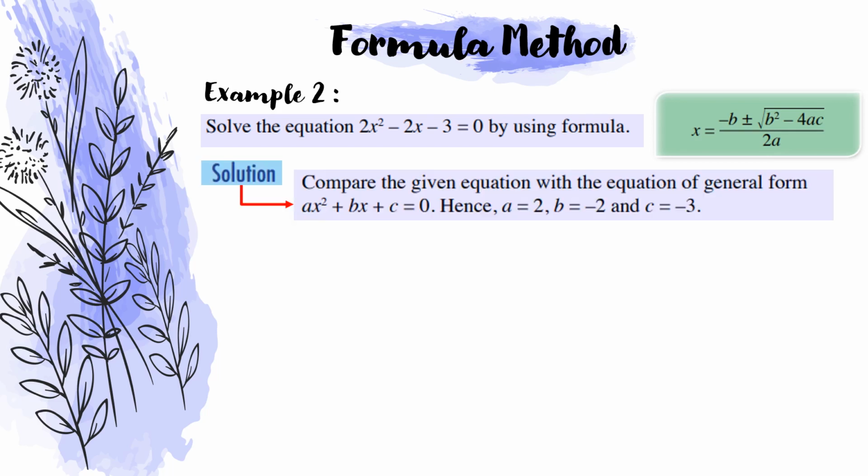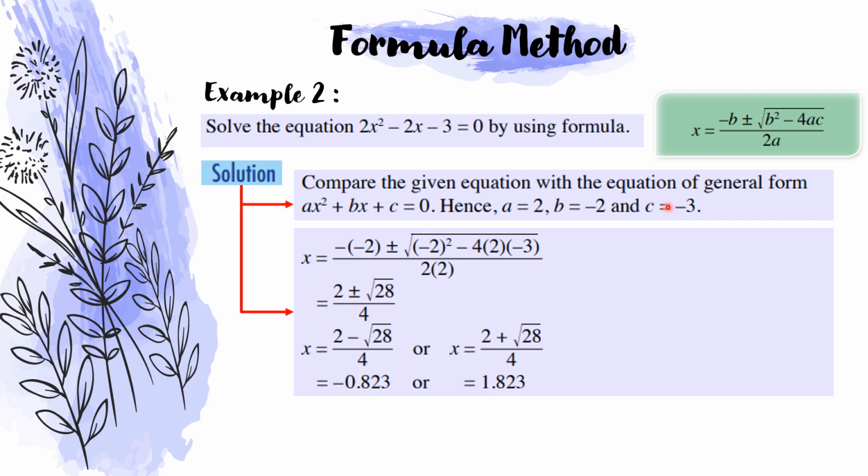So the solution. Okay, first you need to identify which one is a, which one is b, and which one is c. So a is equal to 2, b is equal to negative 2, and c is equal to negative 3. Don't forget the negative value. And then next, just substitute the value into the formula.